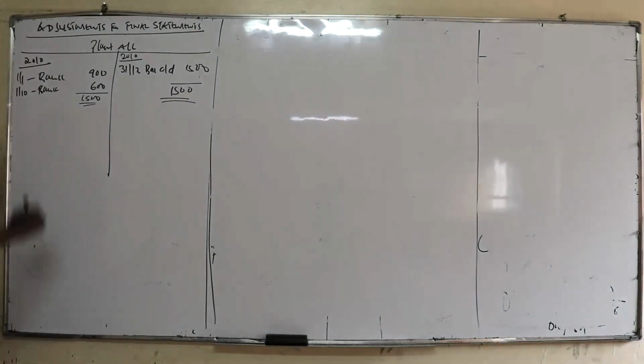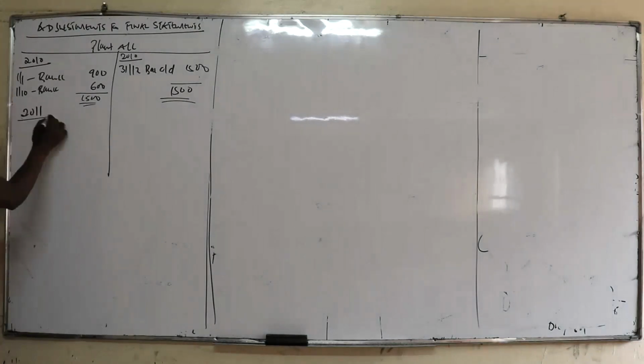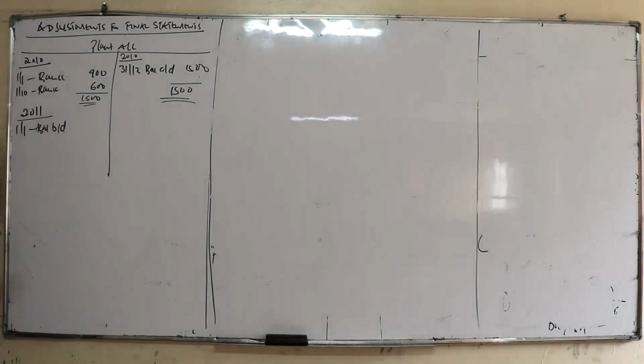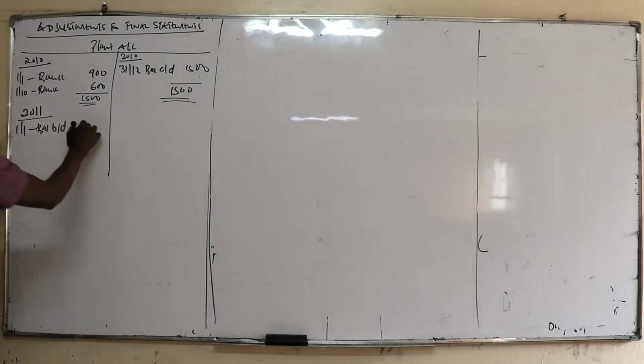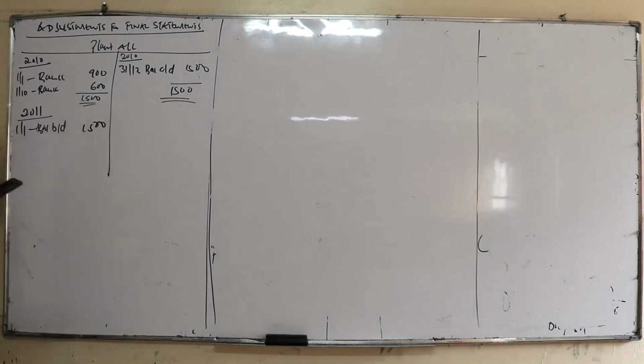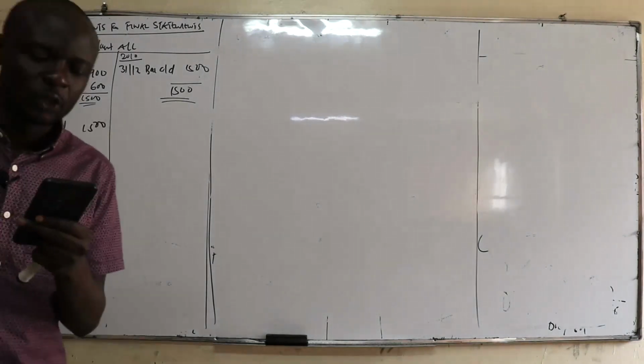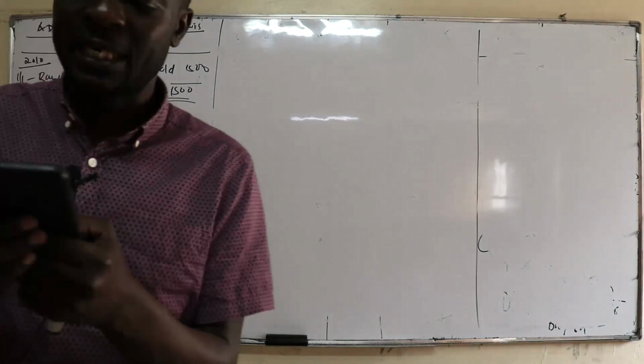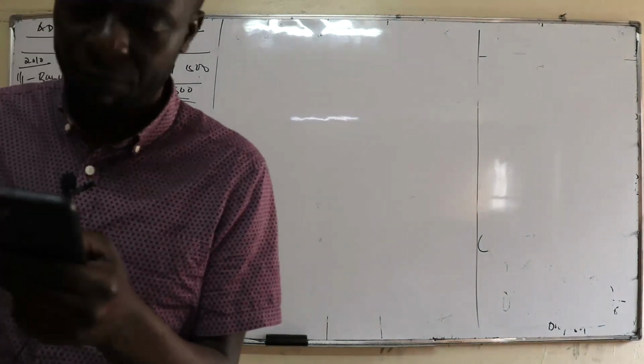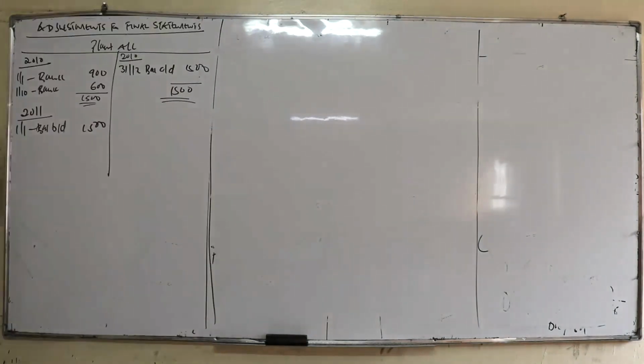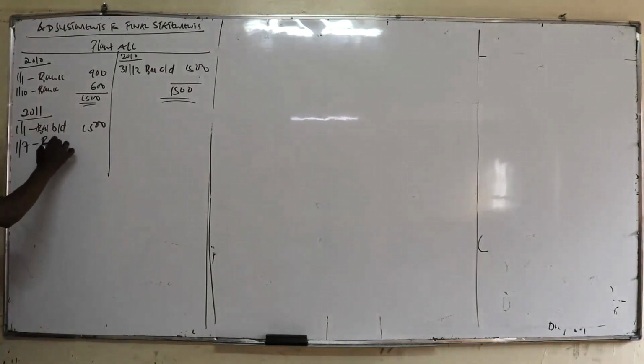Then come year 2011. So 1st January, you have the balance brought down. A closing balance in one year is the opening balance in the subsequent year, which is going to be 1500. And then you check what happened in the year 2011. In the year 2011, you have been told there's an asset that was acquired at 550 on 1st July. So you write there 1st July, you write here bank, which is 550. Nothing else happened except for that acquisition.